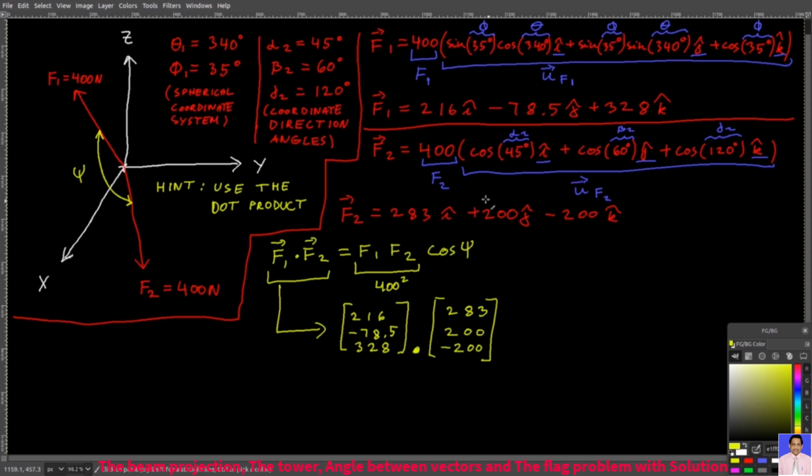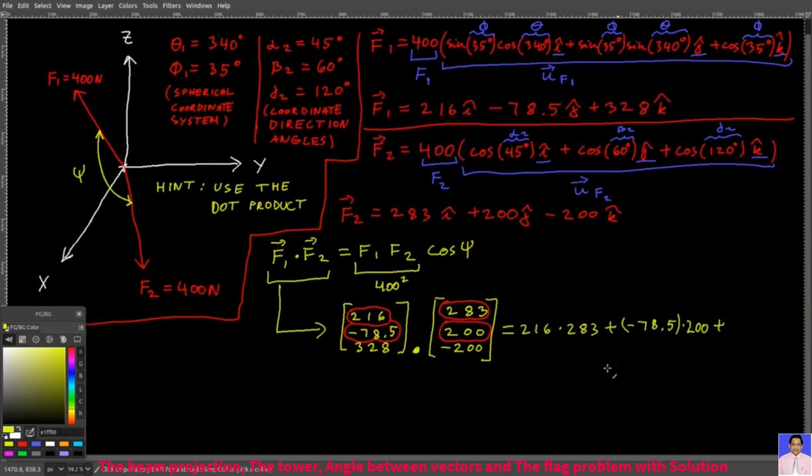Remember, I don't have to use I, J, and K components all the time. I can also use column vectors. And so I will have this one times this one plus this one times this one, and then plus this one times this one. And so that will give you minus 20172 newtons squared.